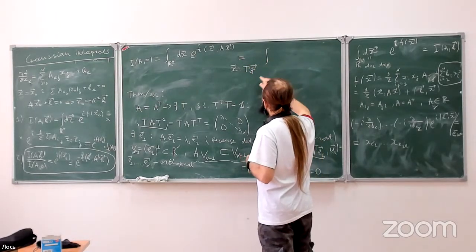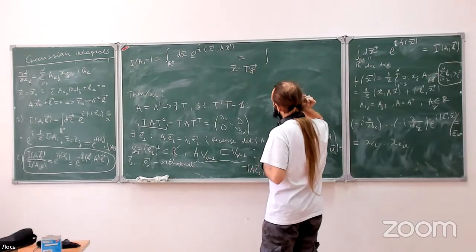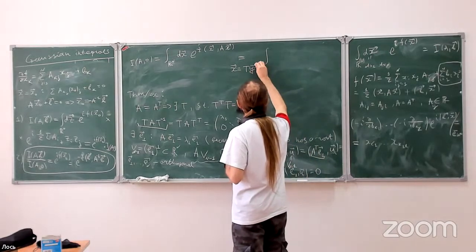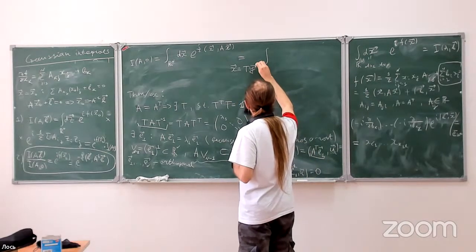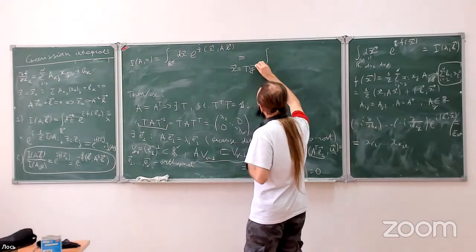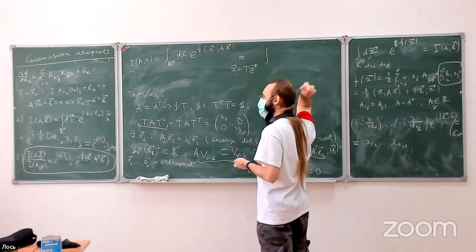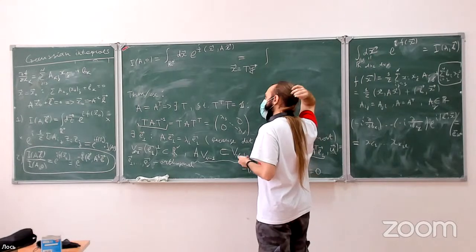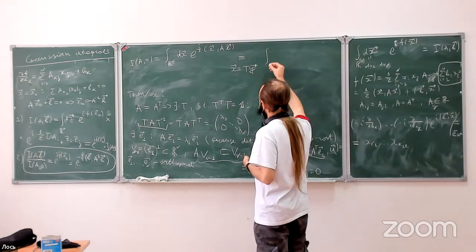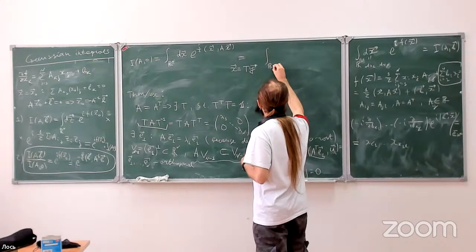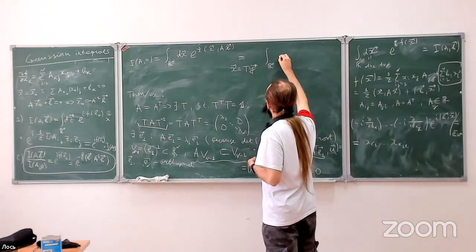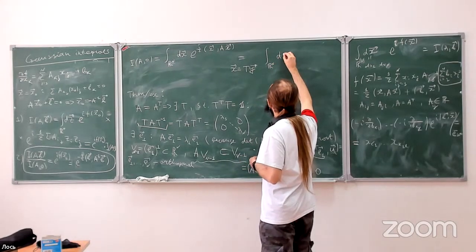T is orthogonal, and even with unit determinant, because we can multiply it by some reflection, it doesn't change anything. So the Jacobian of this transformation is 1.